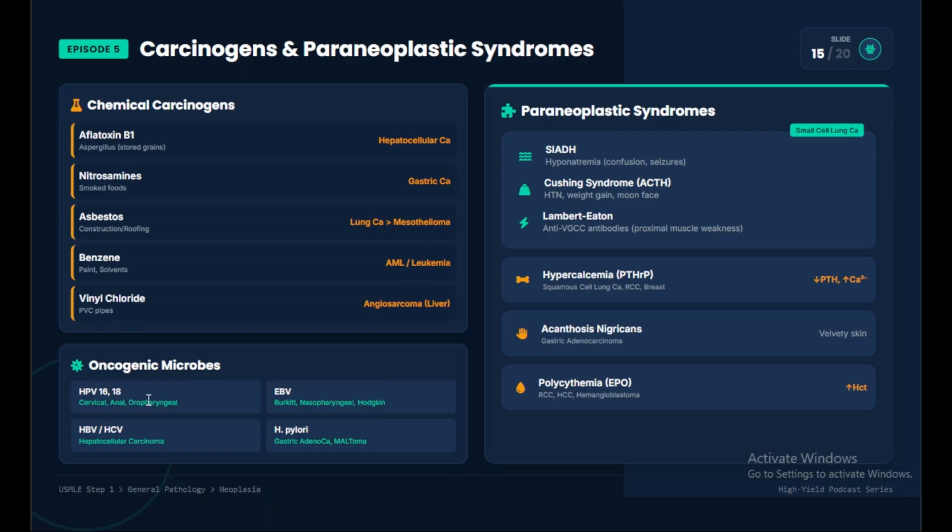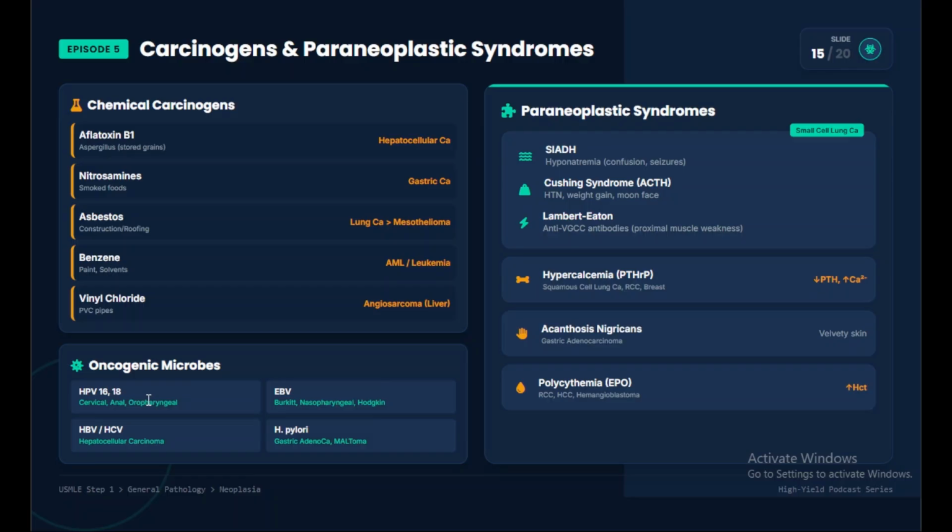HBV, hepatitis B virus, and hepatitis C virus can cause hepatocellular carcinoma, and H. pylori can cause gastric adenocarcinoma and MALT lymphoma. Viruses often insert oncogenes or inactivate tumor suppressor genes, while bacteria cause chronic inflammation, and that leads to cancer. Actually, both things can lead to cancer.